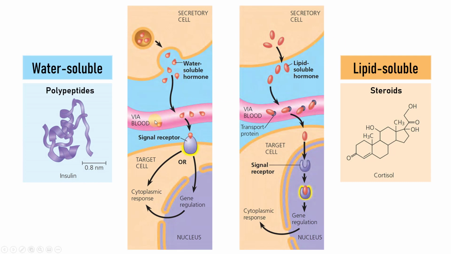Via the blood, you don't need a transport mechanism for the protein-based, but you do for the fat-based. To get into the cell wall, you need a receptor on the outside for the protein-based, but you don't need that for the fat-based. But the end result, some kind of cytoplasmic or cellular response, protein transcription or gene regulation, whatever it is, will have the same effect.